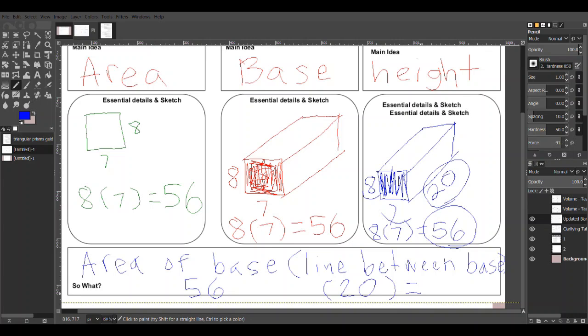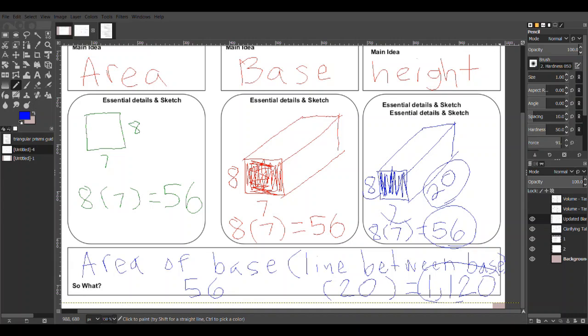I will pause. The volume of this prism, when we do the area of the base, which is 56, times the distance between the bases, which is 20, when we do 56 times 20, we get 1,120.